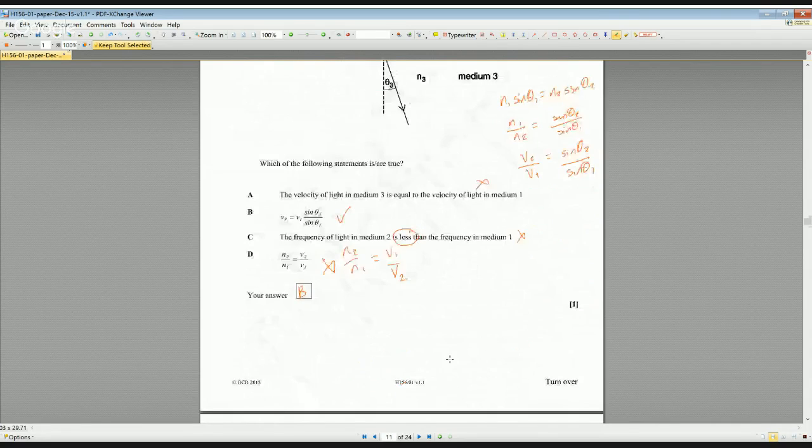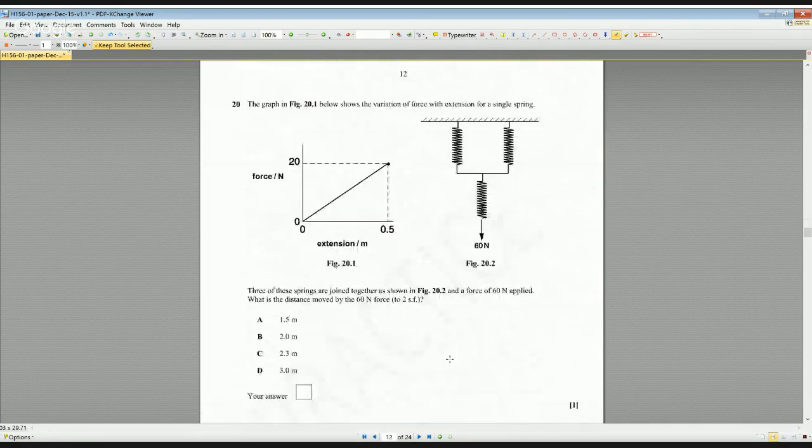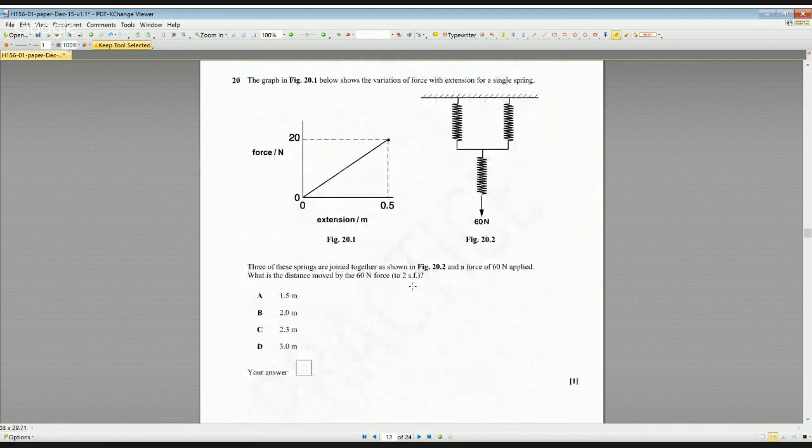And finally, question 20 from the multiple choice section. We have 3 springs that have been attached, 2 in parallel, 1 in series, and we're asked to find out the distance moved by it. Now we've got a graph here that tells us the force extension characteristic of one of those springs.